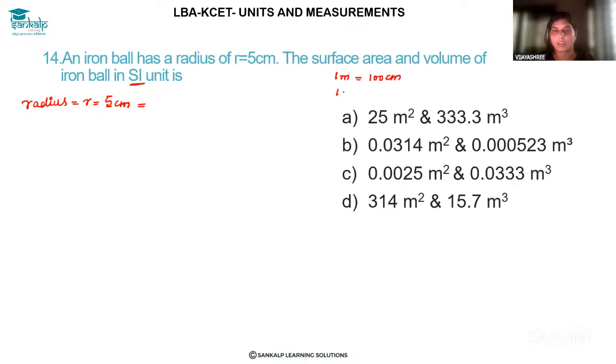Therefore 1 centimeter is equal to 1 divided by 100 meter, which is equal to 0.01 meter. So 5 centimeter means 0.05 meter. Meter is the standard unit of length in SI unit. So 5 divided by 100 meter is equal to 0.05 meter.